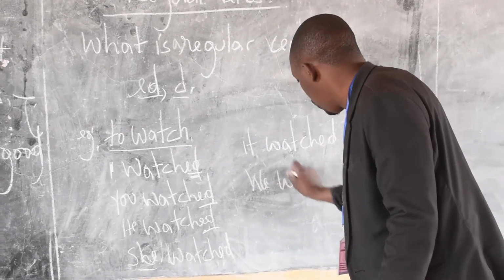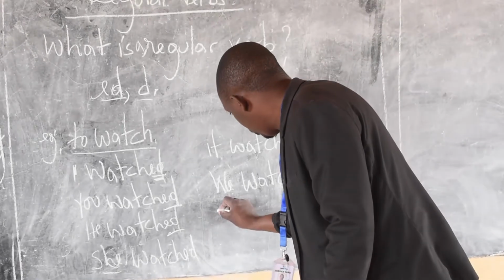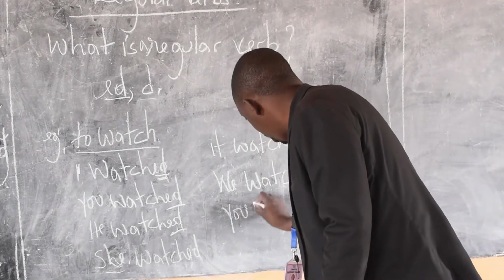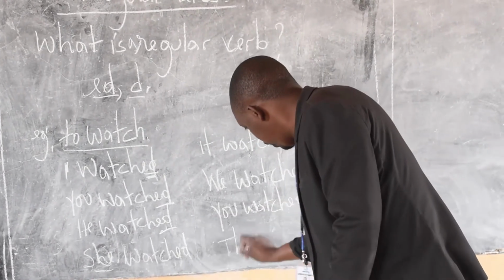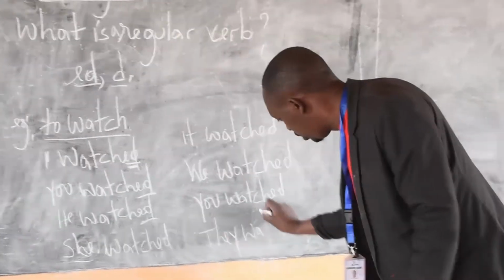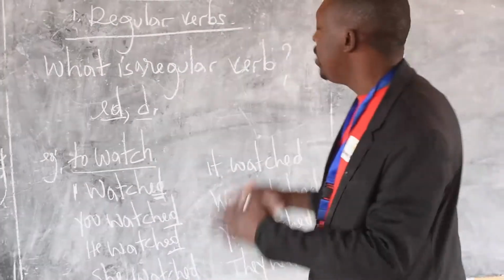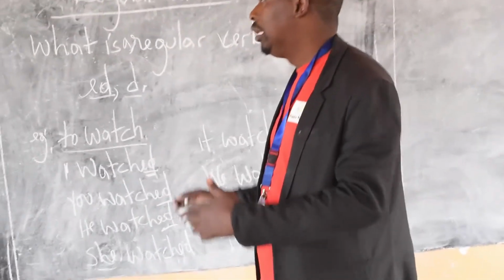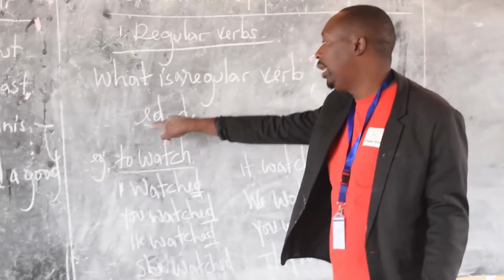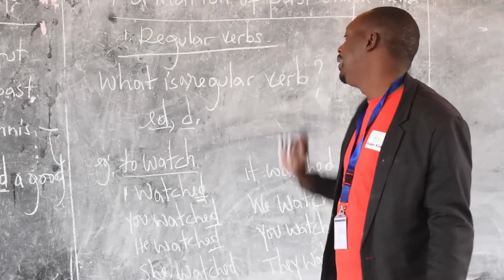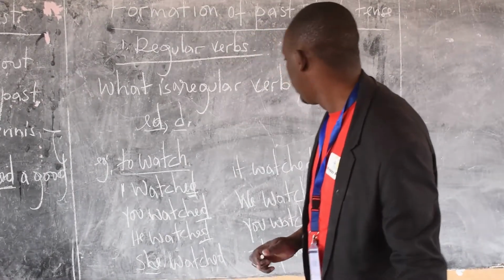We watched. You watched. They watched. So here we are adding ed because this verb is considered to be a regular verb. All regular verbs in English take ed or d. Okay, good.